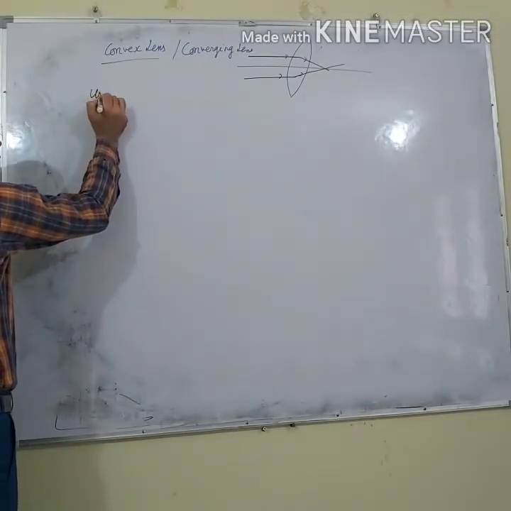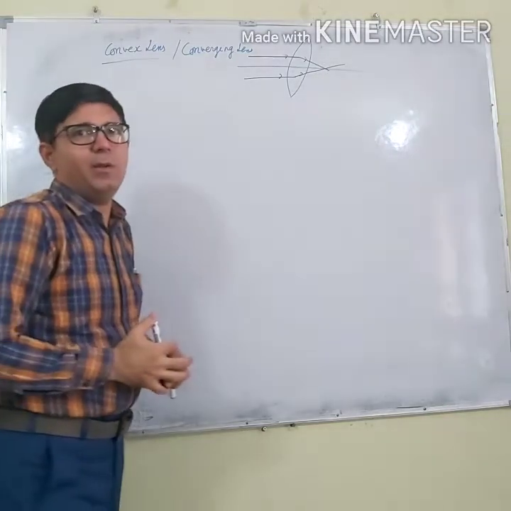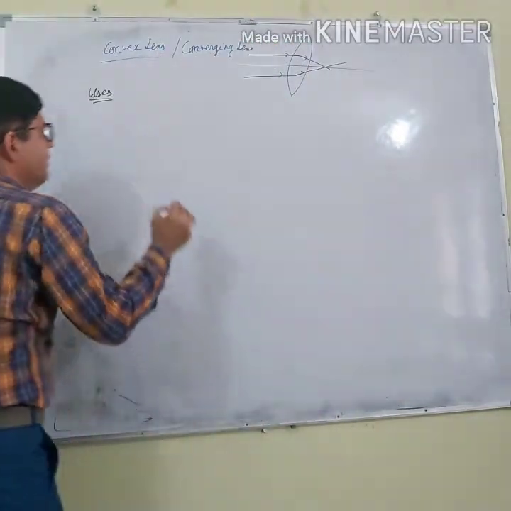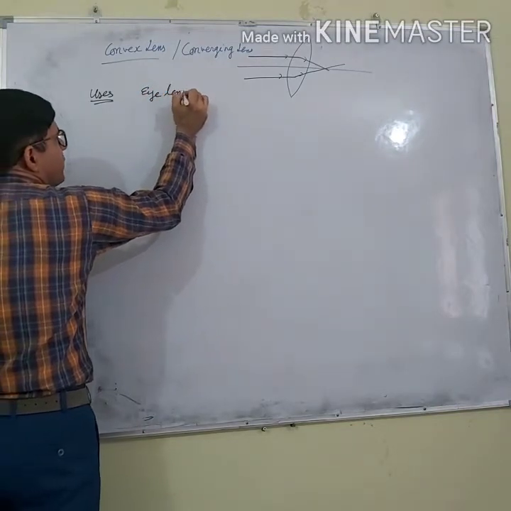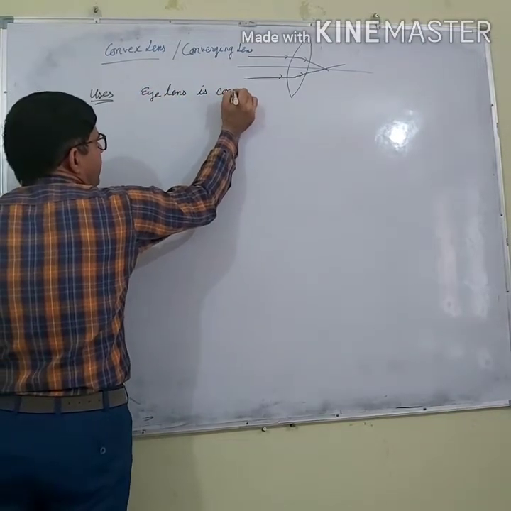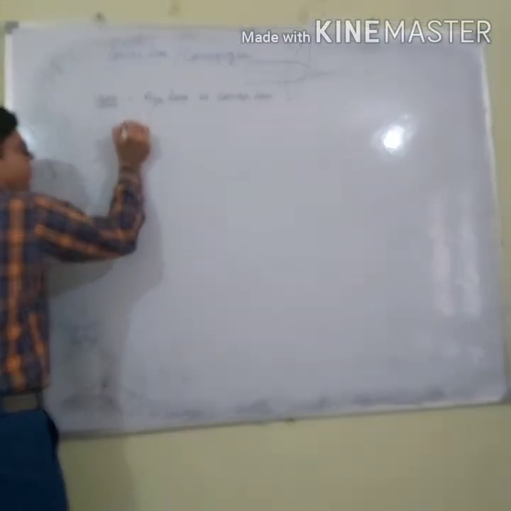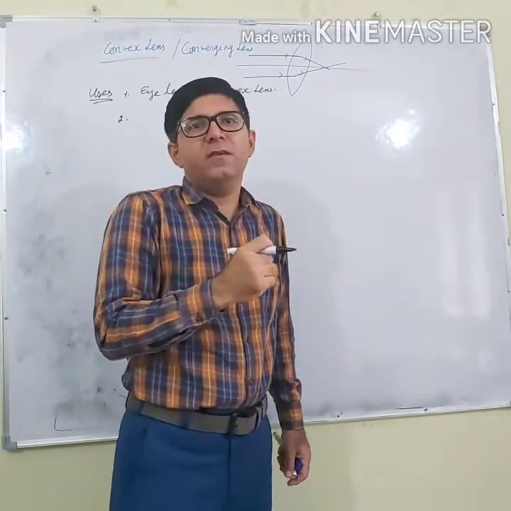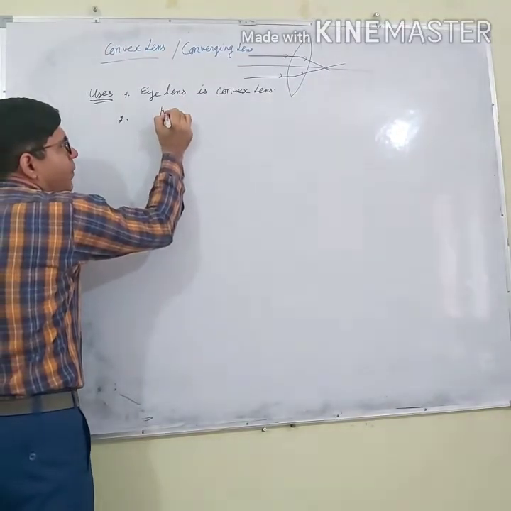Now, what are the uses of convex lens? All of us know that we can see with our eyes, and the eye lens is also a convex lens. Second point: convex lens is used to rectify hypermetropia.